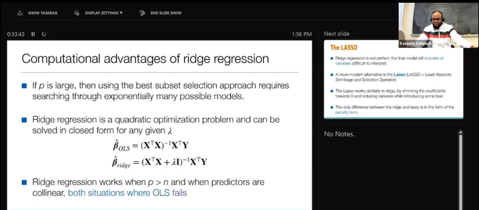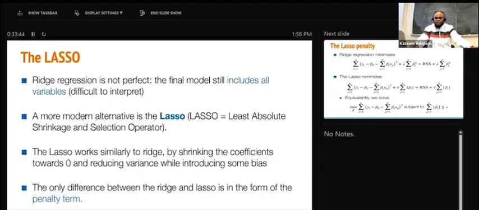Okay. Now, let's go to lasso. I told you the reason why ridge regression is not perfect. Do you know why? Because it's still going to retain all the relevant variables in the model. And that may confuse students who cannot interpret a p-value.